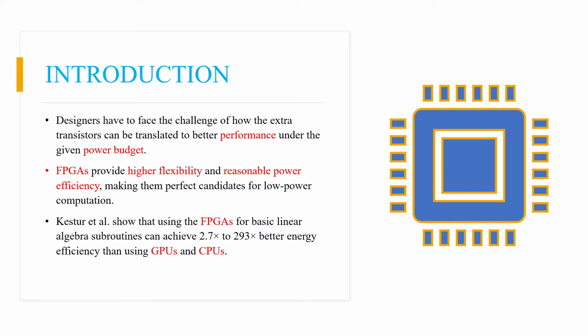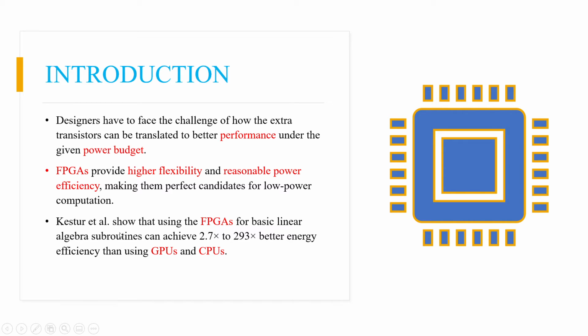Of the three options mentioned above, FPGAs provide higher flexibility and better power efficiency, making them perfect candidates for low power computation. Previous studies have shown the advantage of FPGAs over CPUs and GPUs in this respect.